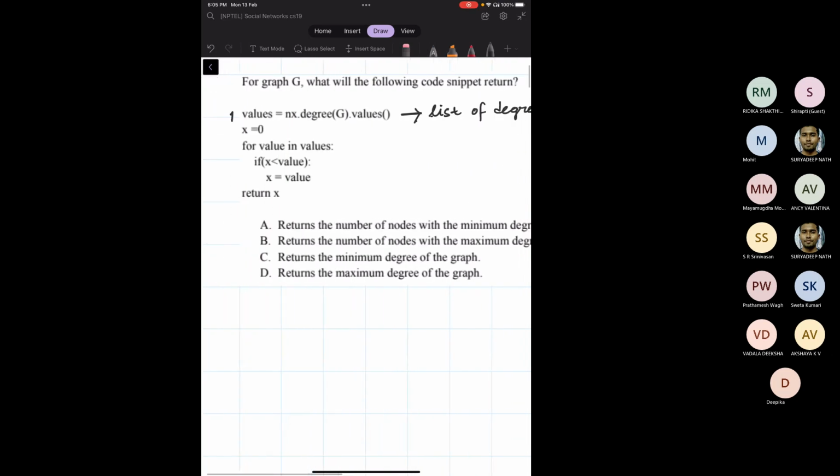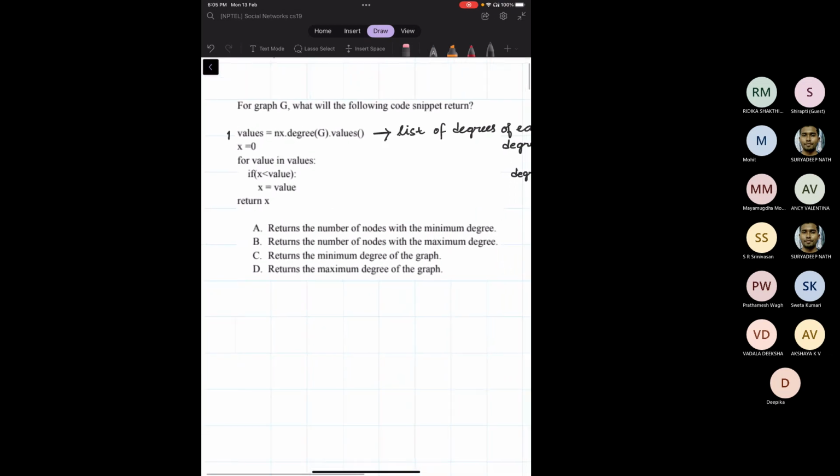Coming to the next line, x equal to 0, line 2. This is just an initialization. Now coming to the loop, what it does is take for value in values. Remember, this values is a list, so it contains the list of degrees. Then for every element value in this list, it checks if x is less than value, then updates x equal to value.